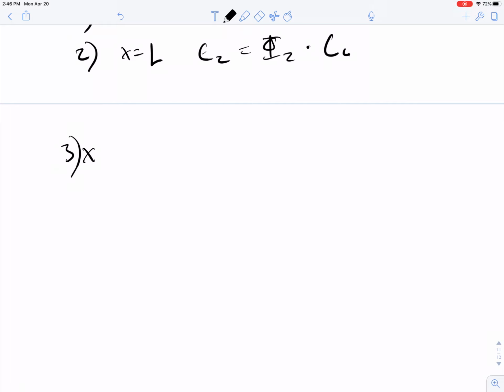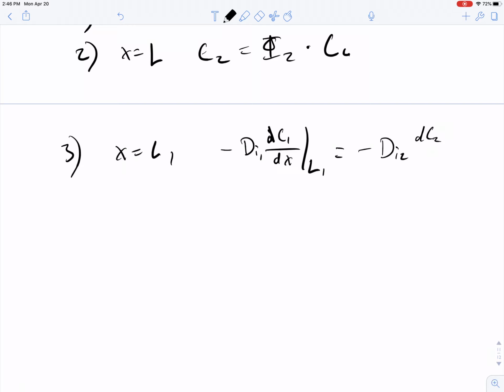So region 3 at x equals L1. We're going to have a continuity of the fluxes here. So we're going to have minus Di1 dC1 dx at that position L1 is going to be equal to minus Di2 dC2 dx on the right hand side.